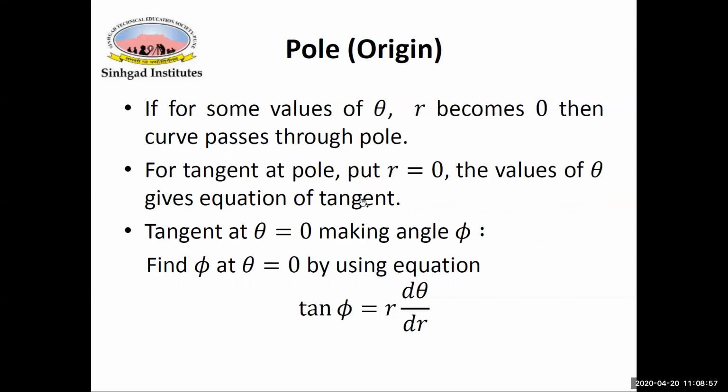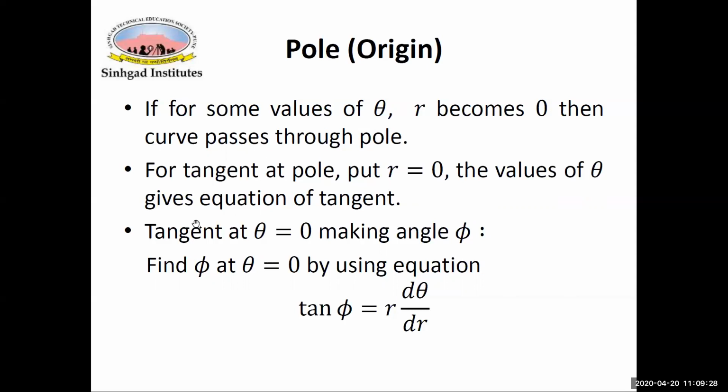If you take a simple example, r equal to a cos 2 theta, substitute r equal to 0. Cos 2 theta is equal to 0. So for which values of theta will it be 0? Pi by 4, then pi by 8 and so on. All those are tangents to that curve at the pole.